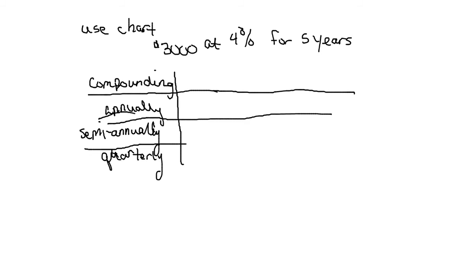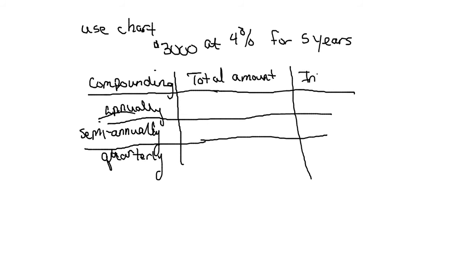Then they'll ask you to find the total amount, so how much money is in the account with the $3,000 and the interest, and then just the interest amount. So you'll want to look at the chart and figure out what those are. For the total amount, we'll need to figure out what the interest is, which is from the chart. That's the number we're going to find, and then of course add that to the 3,000.